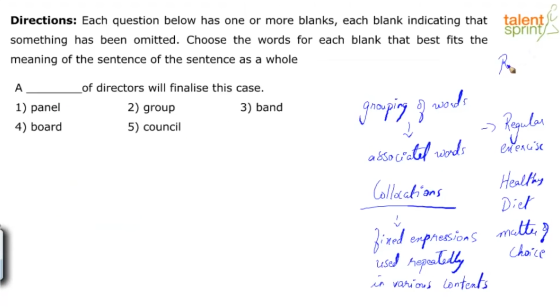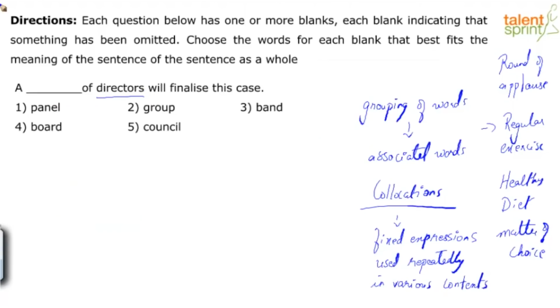Round of applause, right? So another clue for you is the word in the context, which is directors. Usually from the given options, panel, group, band, board, council, what is the word you will usually use with directors? Maybe you've read some article or the newspaper, or heard people in the news. What is the word that they usually associate directors with? This is purely to do with collocations.